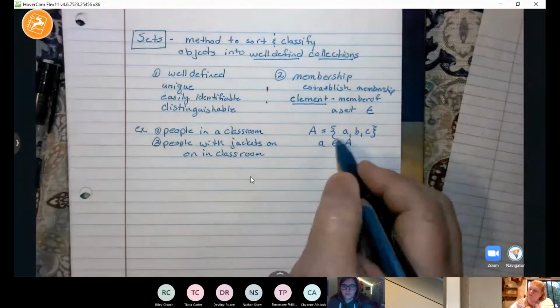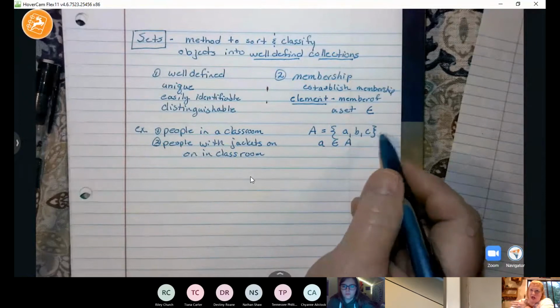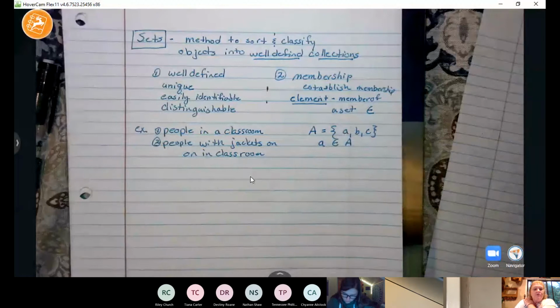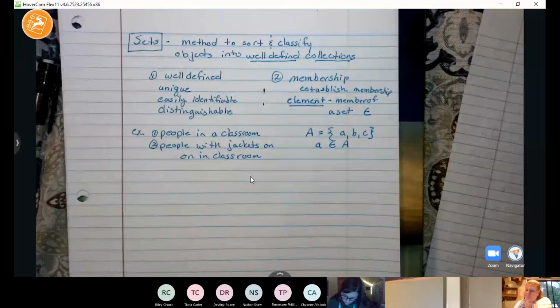Notice we also use these little braces around the set, not parentheses, not brackets. We have to use these little braces when we are using sets. It does make a difference in the notations that you're using. We got that? Good to go so far.